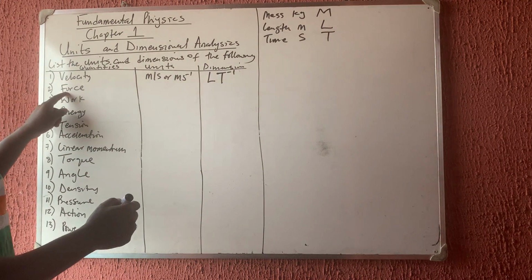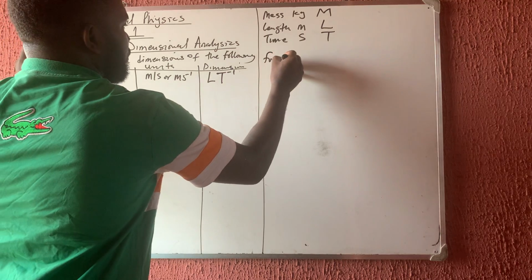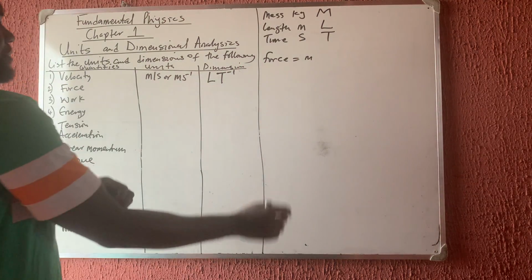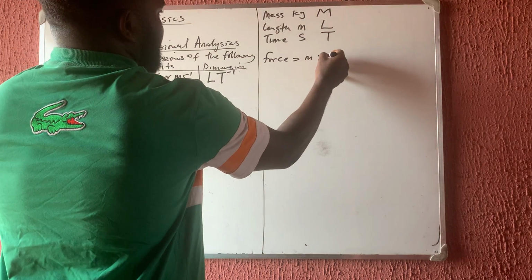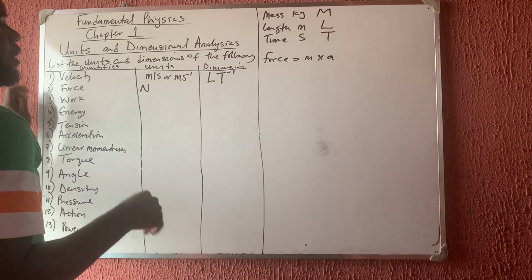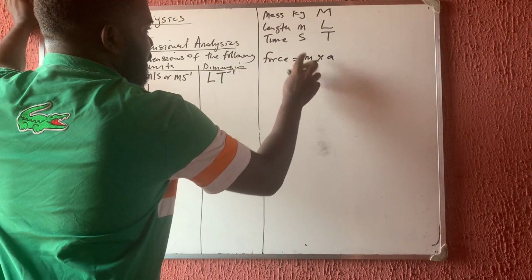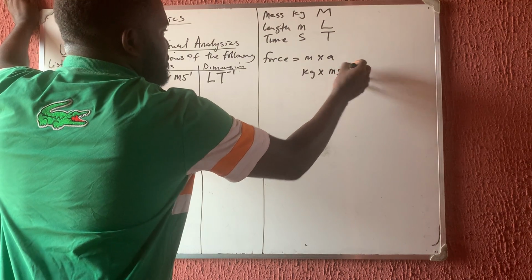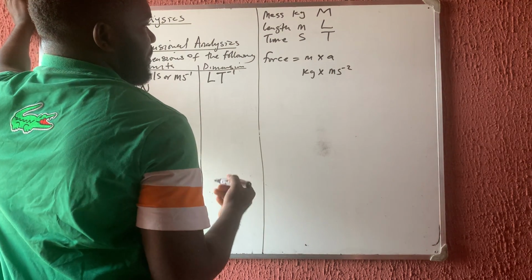So the next one we're looking at is force. Don't forget that the formula for force is mass times acceleration. The unit is measured in Newton. Then another unit for it is, don't forget that mass is kg, then times acceleration, which is meter per second square.